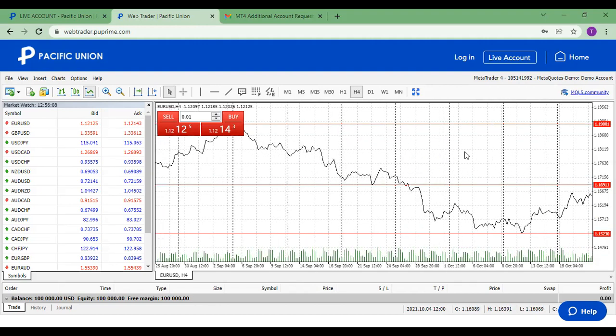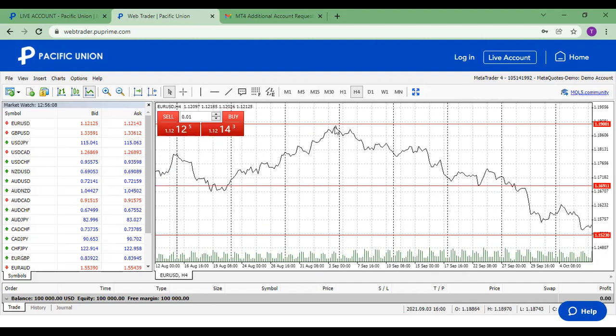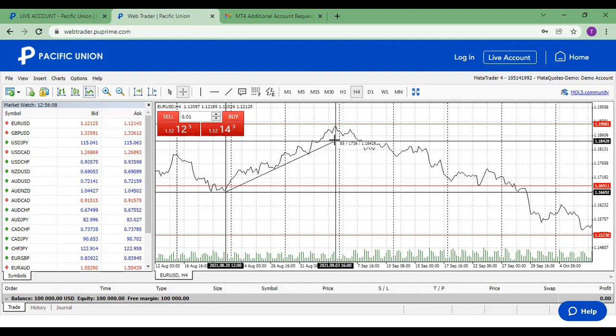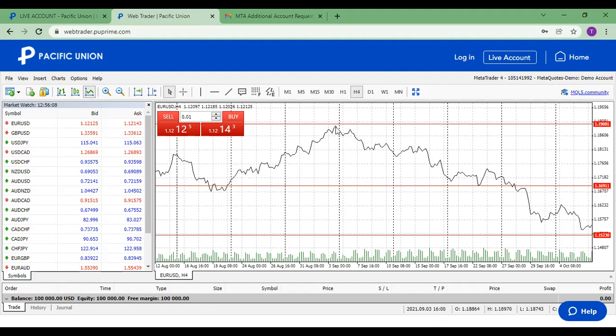Imagine price has been on a bullish trend, maybe from this level to this level, price has been buying. For one reason or another, you just open your chart and lo and behold, you are in these highs, at this top.